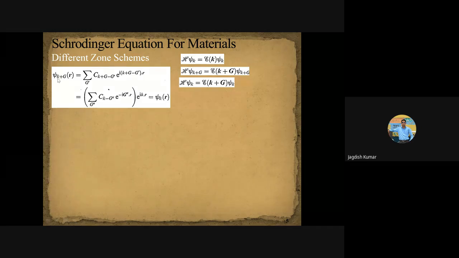This is also called the quantum number for an electron in a material. Let me give you a quick qualitative overview of all these things right now.